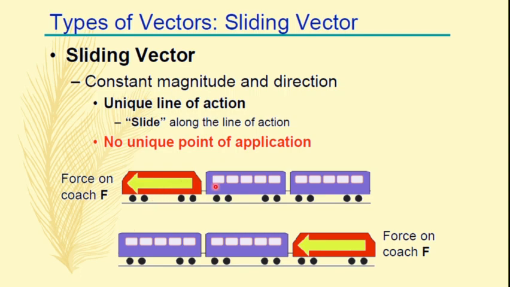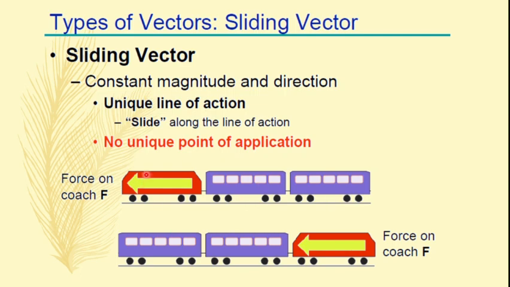It is the example of a sliding vector. In case of this rail, force may be applied here or force may be applied here. The effect on this rail is the same.